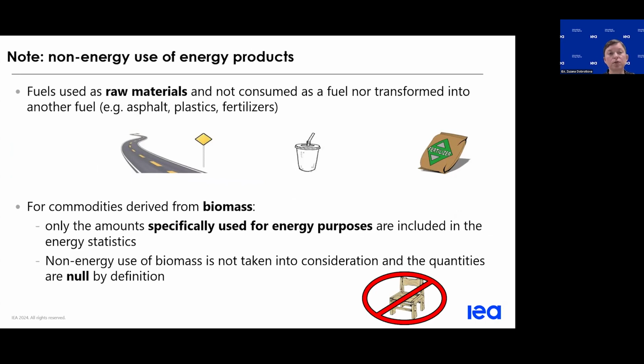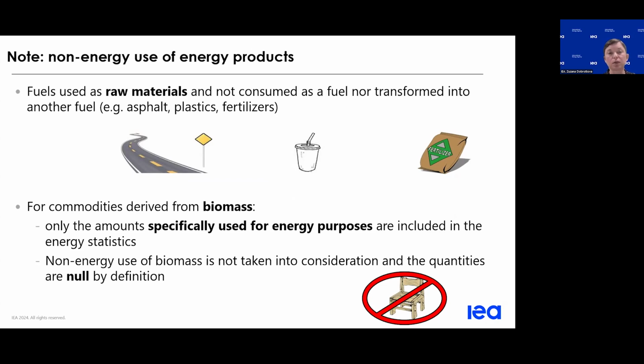So you could imagine, from fossil fuels, production of asphalt or plastics or fertilizers. These of course do happen, but your road or your plastic cup is not an energy carrier, and therefore the uses of fossils that end up in these materials are to be reported in non-energy use.